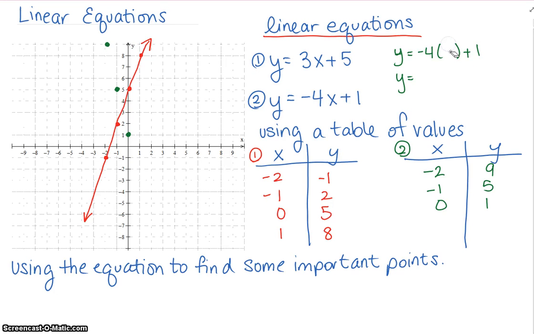And if I plug in, let's say 1, negative 4 plus 1, you're going to get negative 3. And I could do another one if I wanted to, so let's say I plug in 2, negative 8 plus 1, so negative 7.